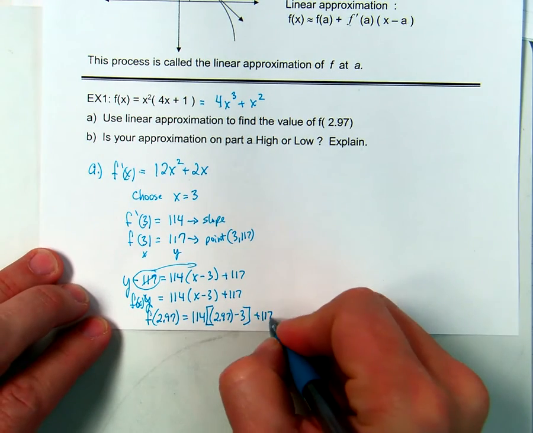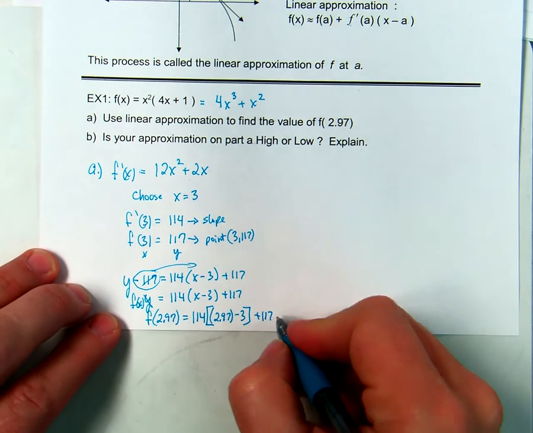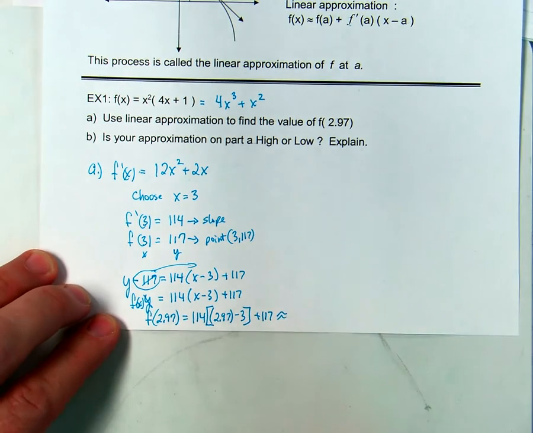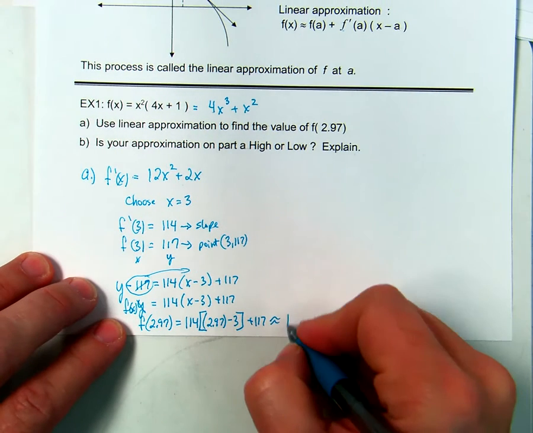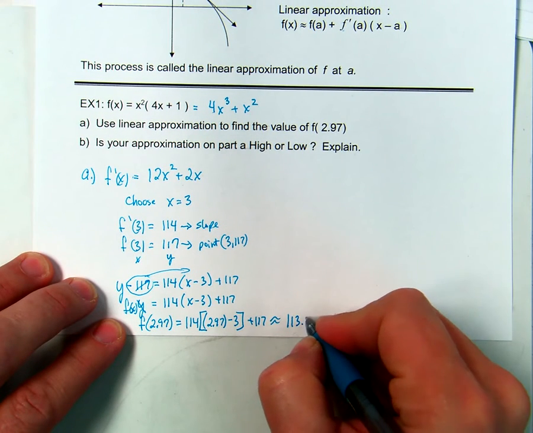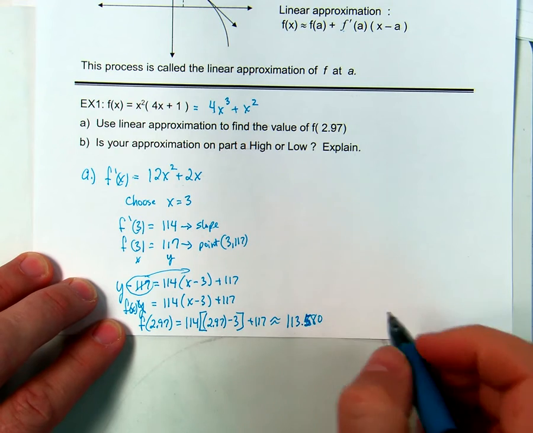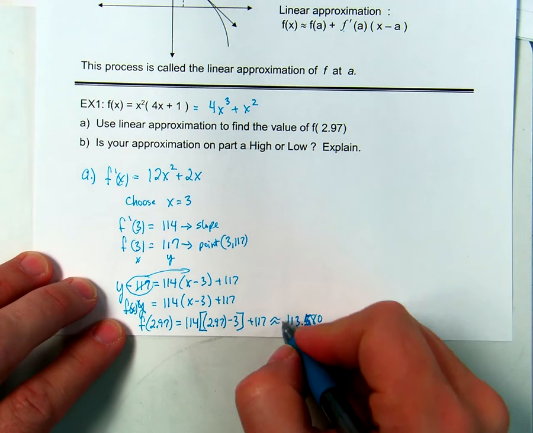Right? We're going to plug in 2.97 where we see the x. Then we're going to add 117. And what we find out is that it is approximately 113.580 if we plugged it in the calculator.